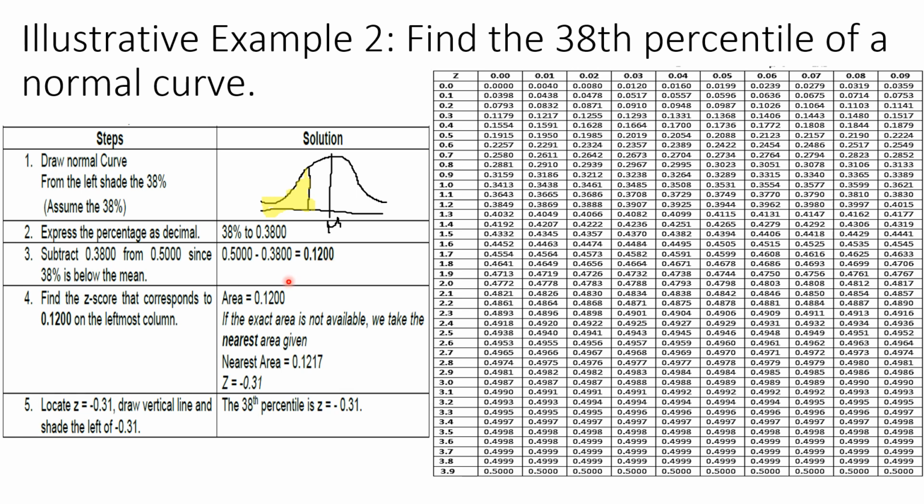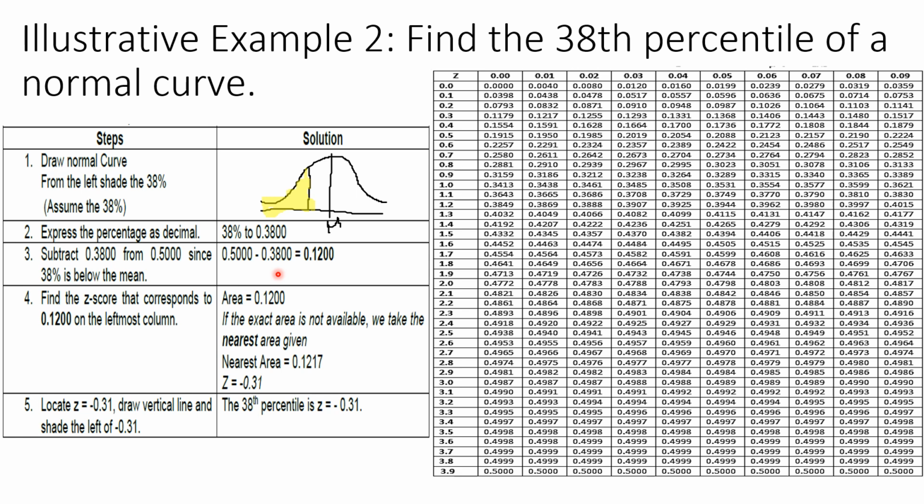So, since it is below the mean, kaya isusubtract natin yung 0.5 sa 0.38. Yung kanina naman, since it is above the mean, therefore, sinubtract natin yung area sa 0.5. So, remember, laging subtract tayo, no? It's either 0.5 to the area or area to 0.5.